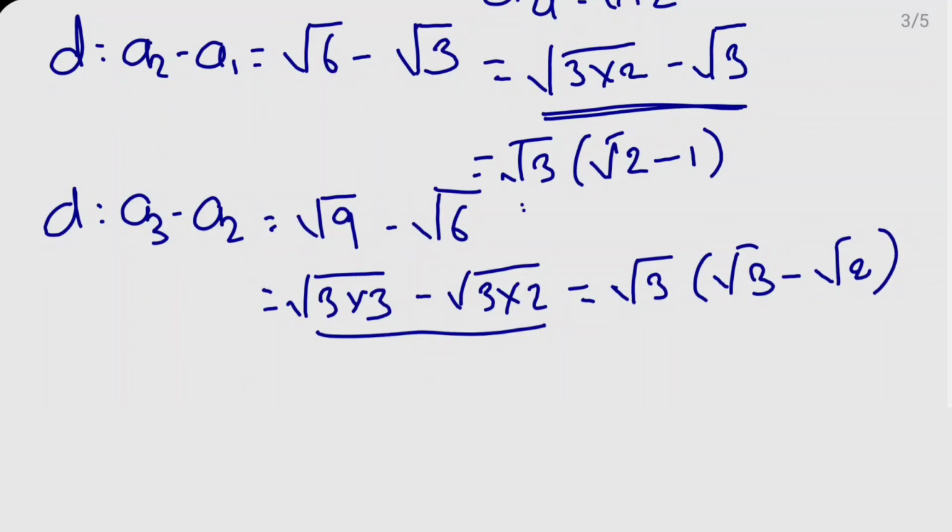Look at here. Here D is root 3 into root 2 minus 1, and here D is root 3 into root 3 minus root 2. Here both D are different. So therefore D is not a constant.